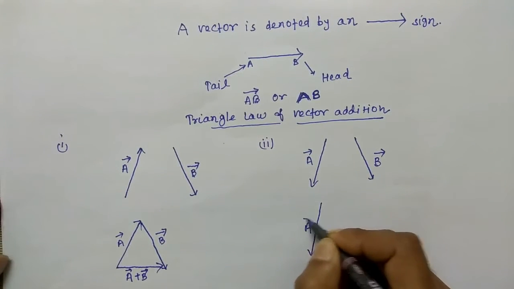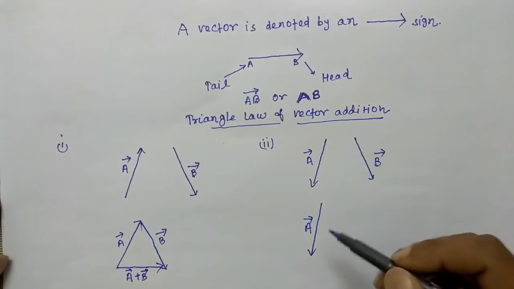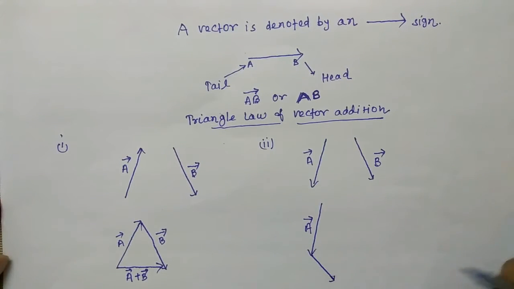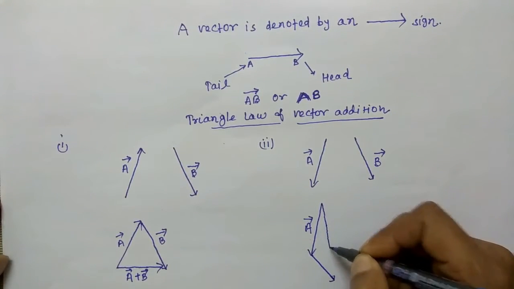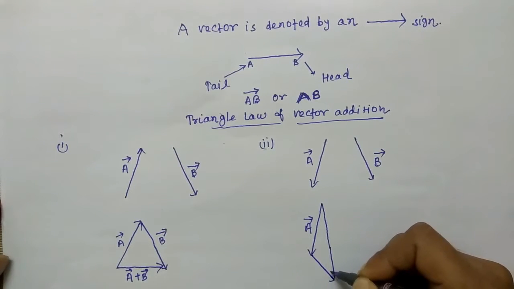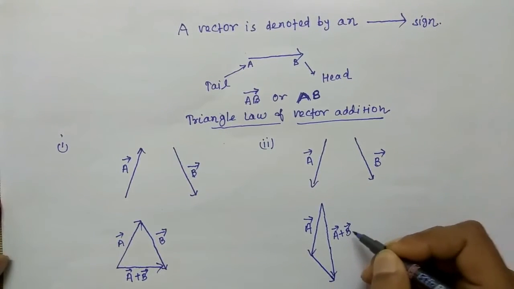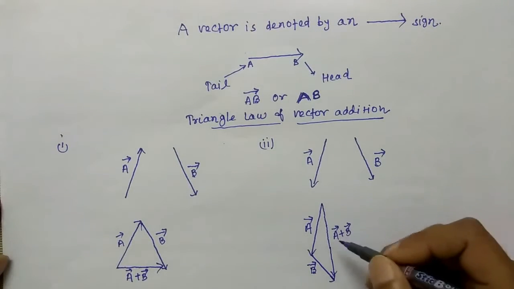Put the tail of the second vector on the head of the first vector without changing the direction of the second vector. So this vector is the resultant of A and B. This is A plus B vector. Okay friends.